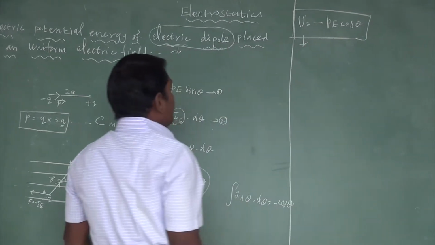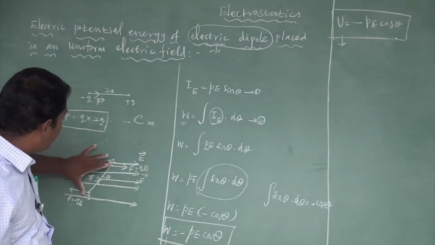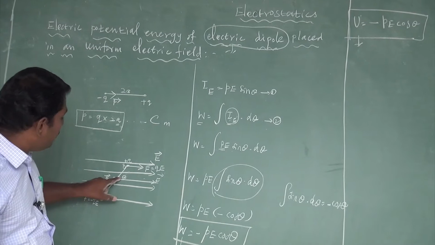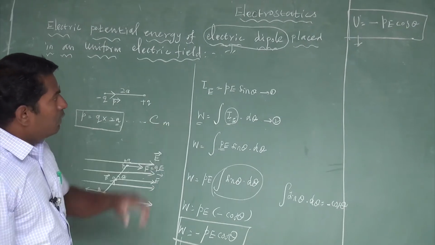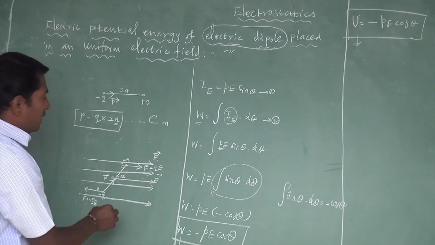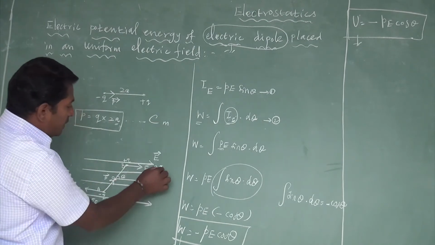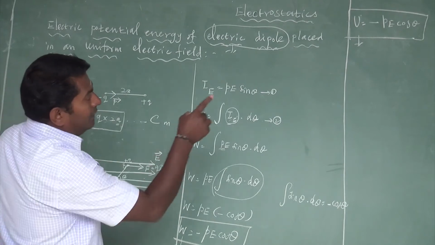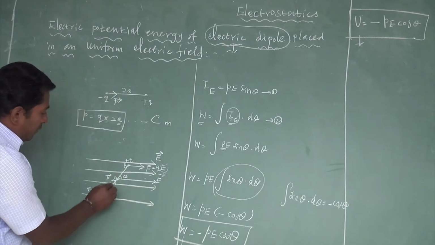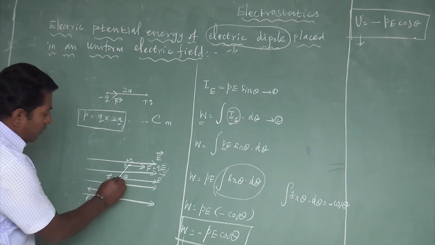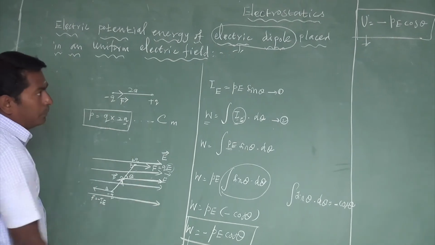Here U represents the electric potential energy of the dipole rotated to a desired position theta. P represents the magnitude of the electric dipole moment, E represents the uniform electric field, and theta is the angle between the direction of the electric dipole moment and the direction of the electric field.